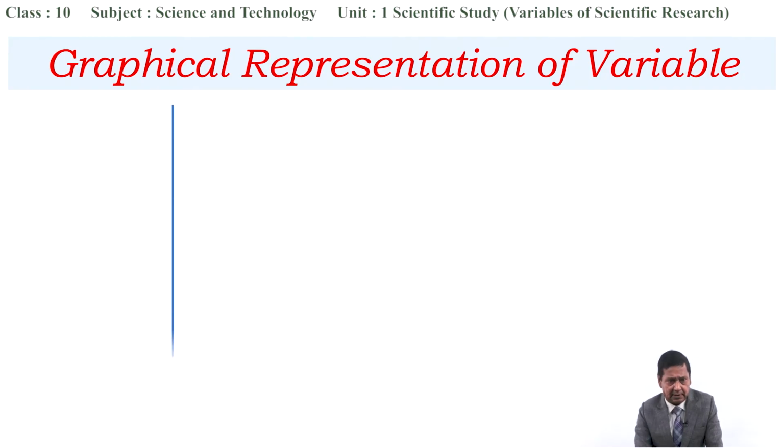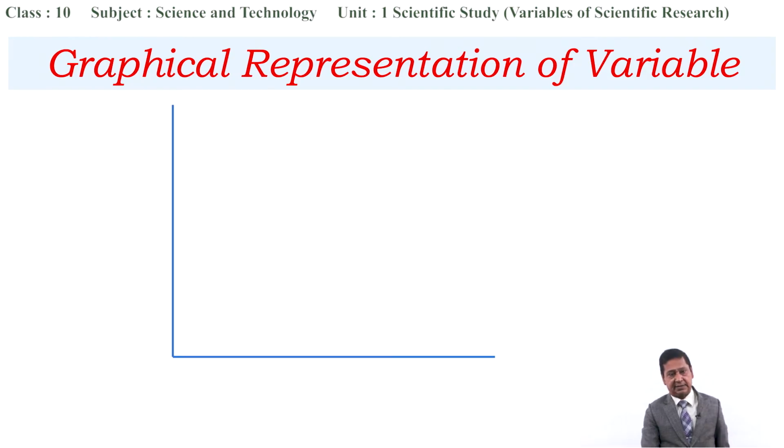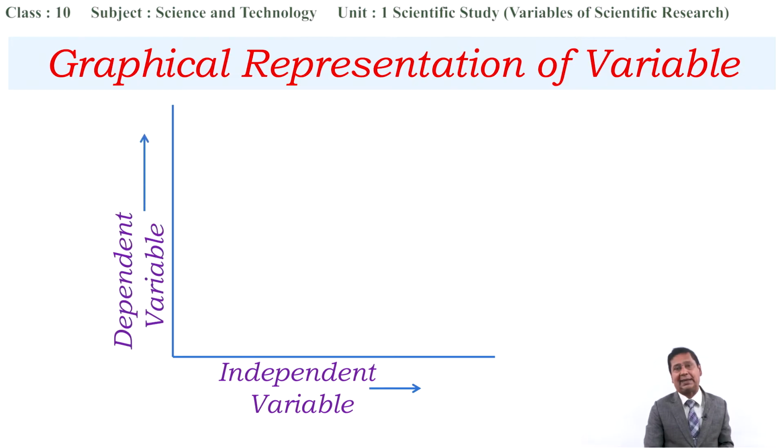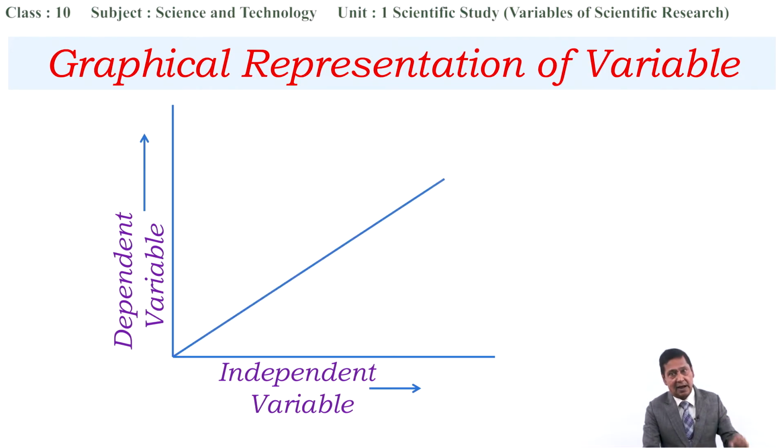This is a vertical line, the y-axis. This is a horizontal line, the x-axis. And the independent variable is always taken on the x-axis, and its effect is seen in the dependent variable, which is always taken on the y-axis.